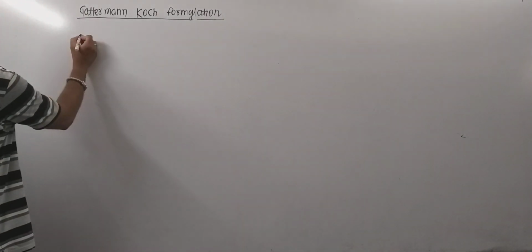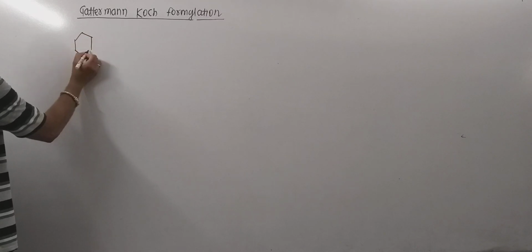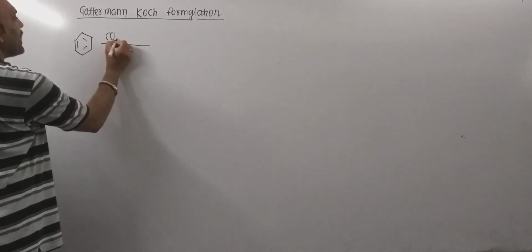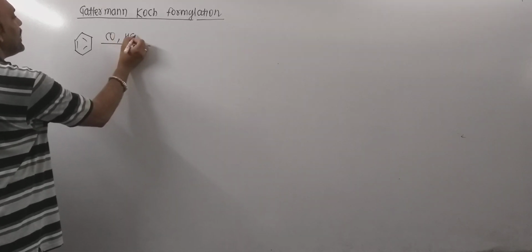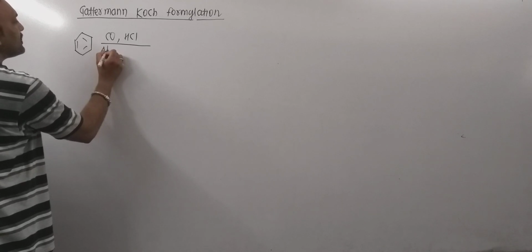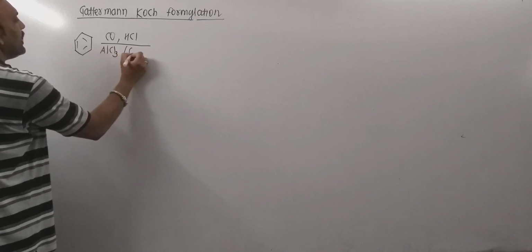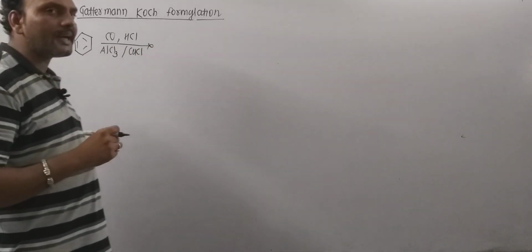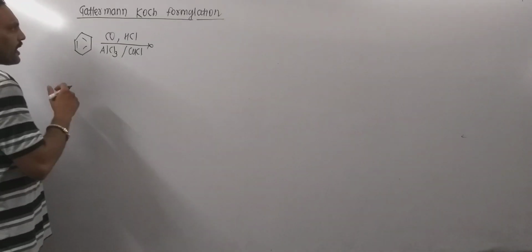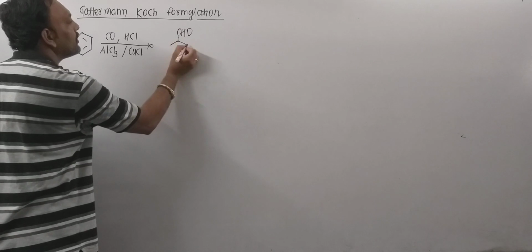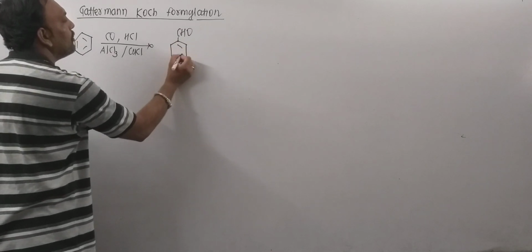For example, when benzene is treated with a mixture of carbon monoxide and HCl in presence of anhydrous AlCl3 and cuprous chloride, or instead of using cuprous chloride, the reaction may be conducted at high pressure, then formylation of benzene takes place and that leads to the formation of benzaldehyde.